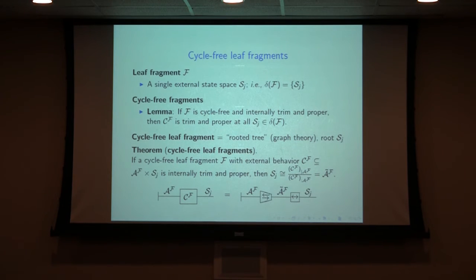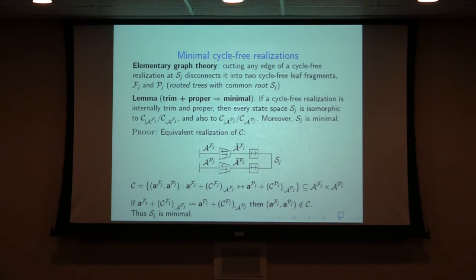So we get this very simple resulting picture consisting of an interface node and isomorphism of any cycle-free leaf fragment. From that, we get a wonderful general theorem about minimal cycle-free realizations, which will show that there is an essentially unique minimal cycle-free realization, and it depends on very little. It depends only on local properties.